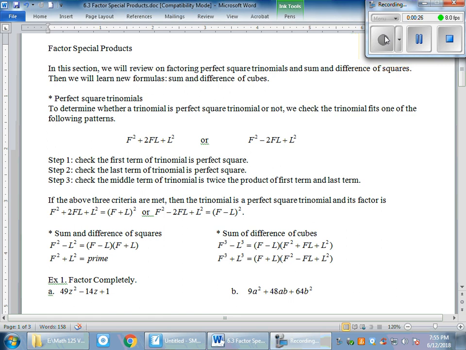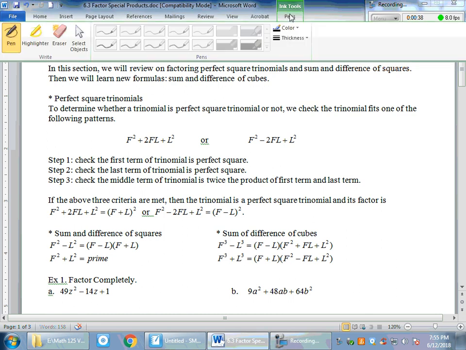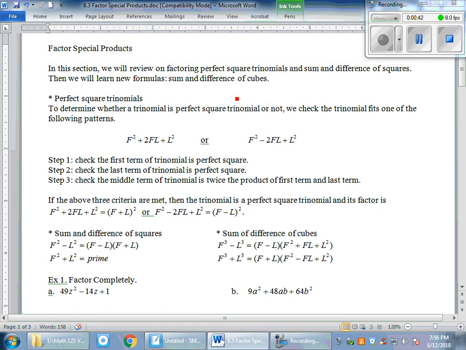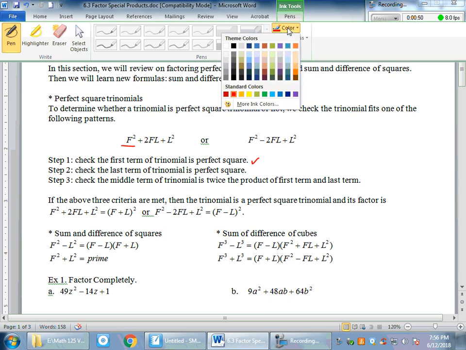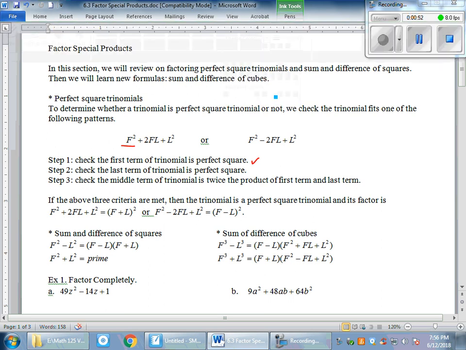How do we determine it is a perfect square trinomial? That would be 3 steps. First, you're going to check if your very first term is a perfect square or not. Next, you're going to check if your last term is a perfect square or not.